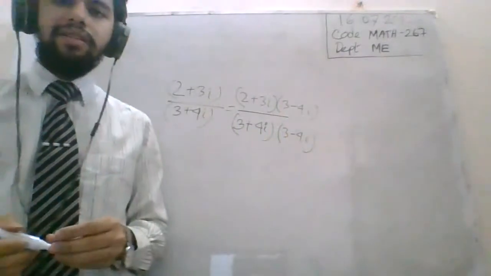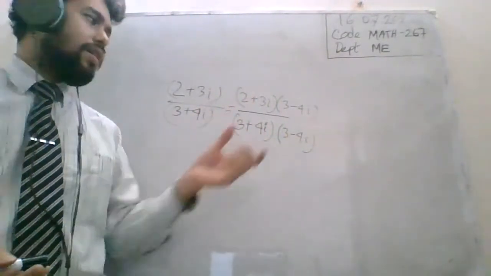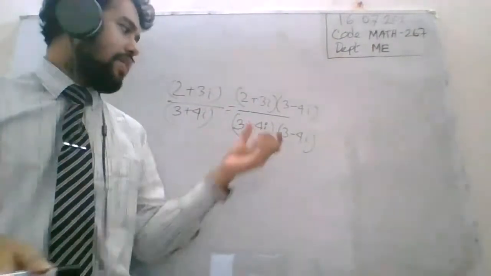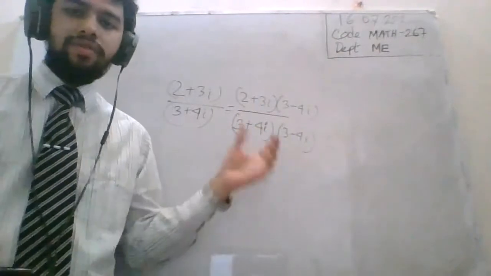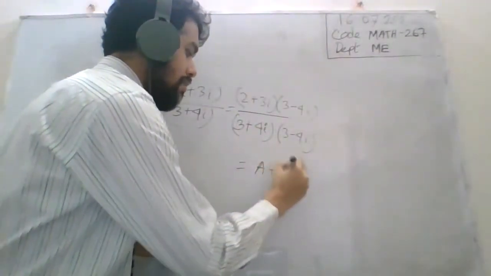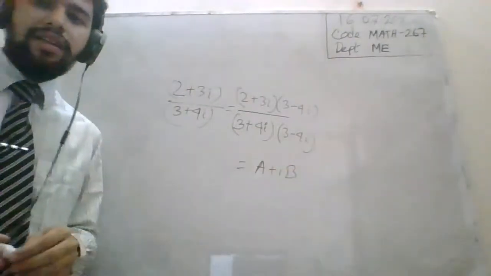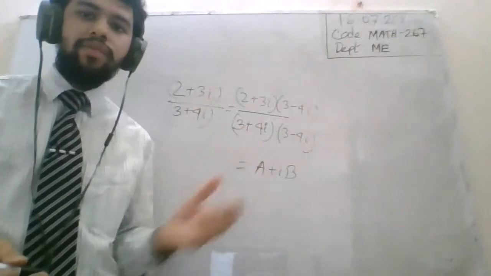Just multiply the numerator and denominator by the complex conjugate of the denominator. Okay, then you have to solve it and you can get the a plus ib format. Then you can also find out the modulus and argument of this problem.